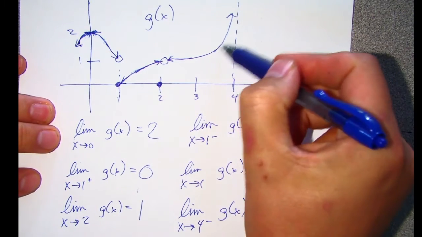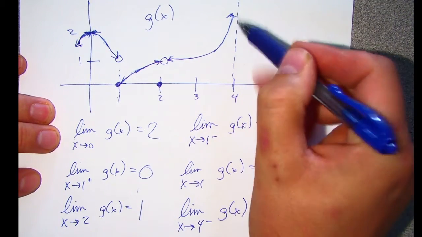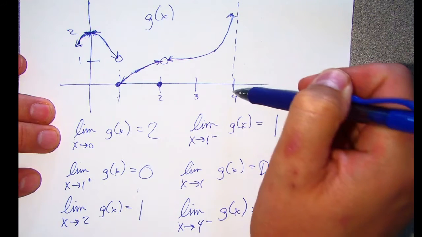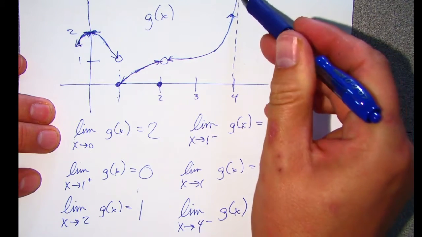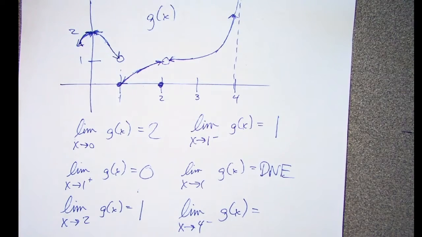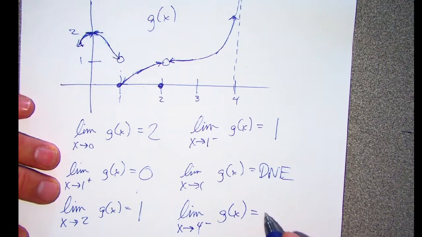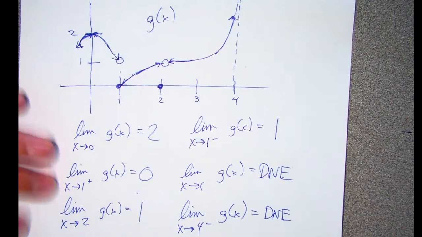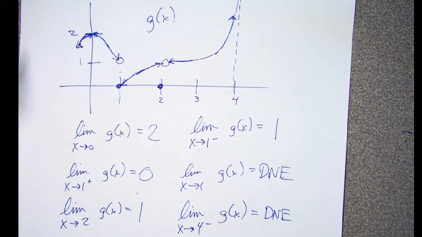This y value is going up forever, so this is a vertical asymptote. As I get closer and closer to 4, this is just going to get bigger and bigger and bigger. Technically, infinity is not a real number. So you can get away with saying does not exist here, because there's not a real number that the road is heading toward.